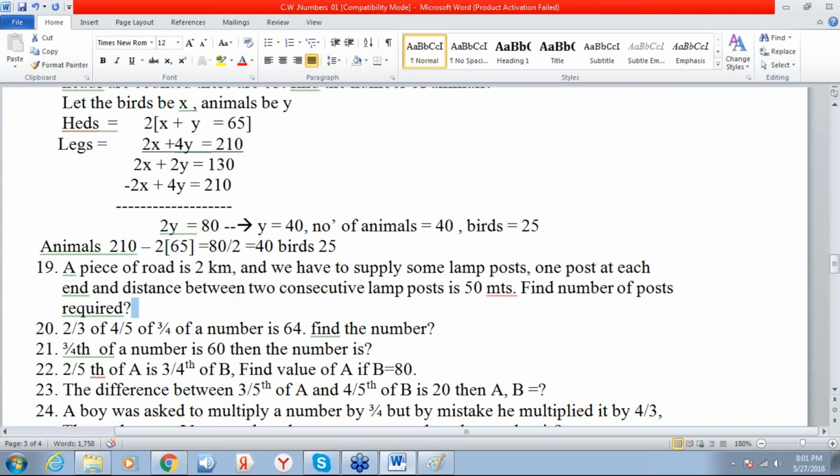A piece of road is 2 kilometers and we have to supply some lamp posts, one post at each end, and distance between 2 consecutive lamp posts is 50 meters. Find the number of posts required.